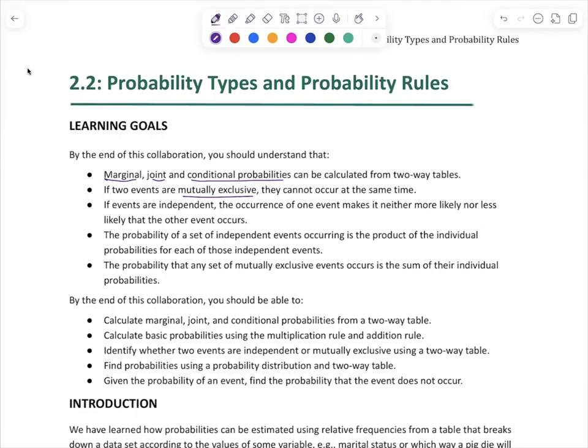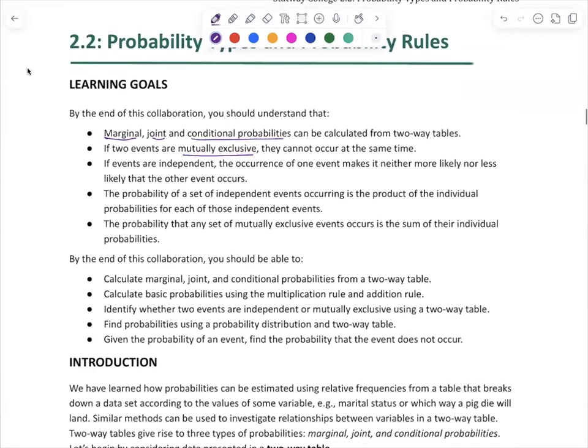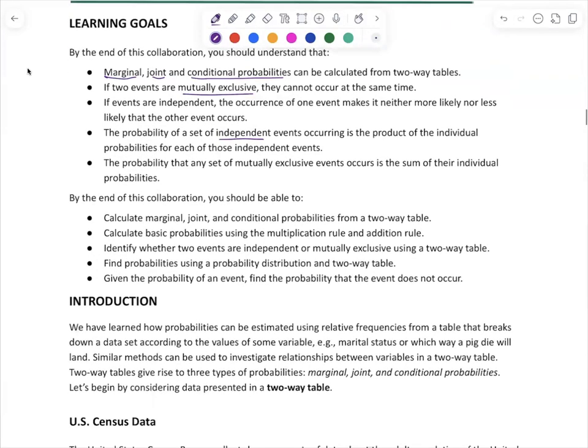The probability of a set of independent events happening is the product, or multiplication, of the individual probabilities for each of those independent events. The probability that any set of mutually exclusive events happen is the sum of their individual probabilities.